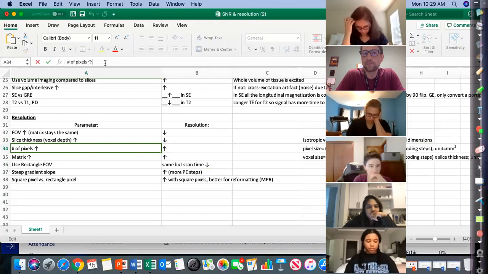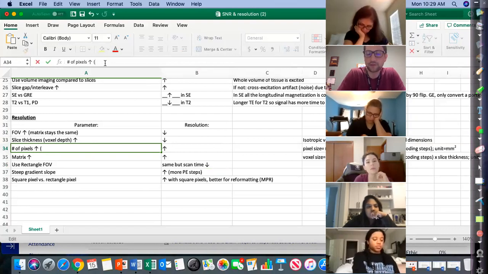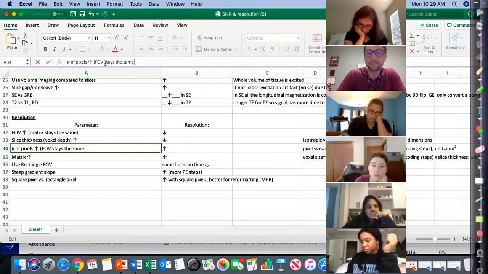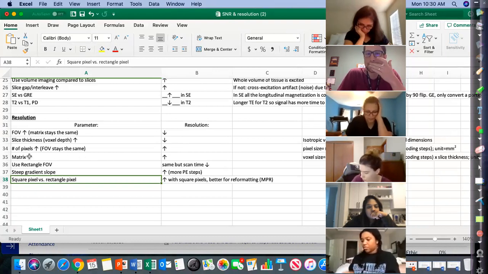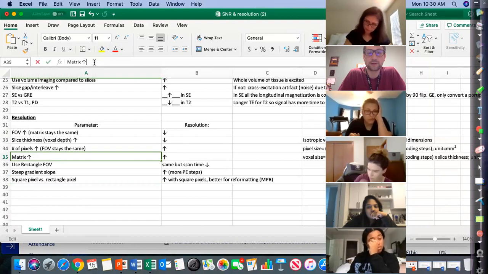If I increase the number of pixels, but you have to put here, field of view stays the same, my resolution increases, because if you increase your pixels, you're going to increase your matrix. So that corresponds with the next row. But you have to put over here, field of view stays the same.